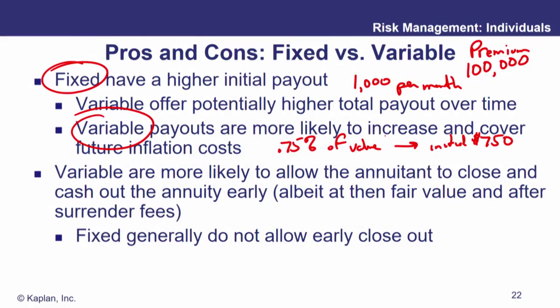Let's say it's a stock index. So over time, the stock index is likely to go up. The designated value of the annuity would be going up, and you'd be getting 0.75% of a rising value. So your payout would go up. So no, we can't say which of these is the better deal because they differ not just in what you pay per month. One of them is a fixed per month.